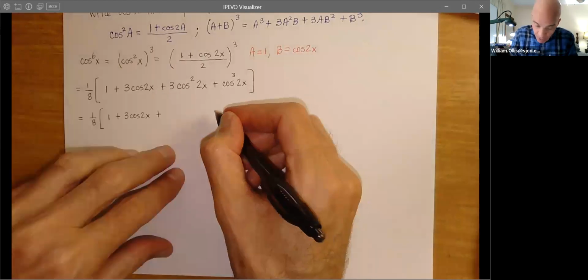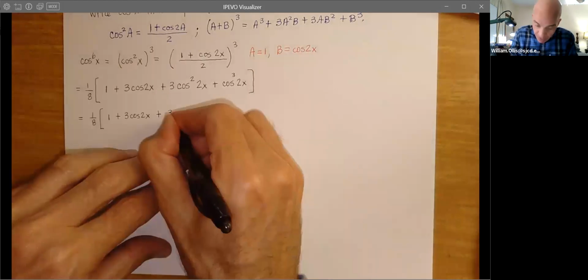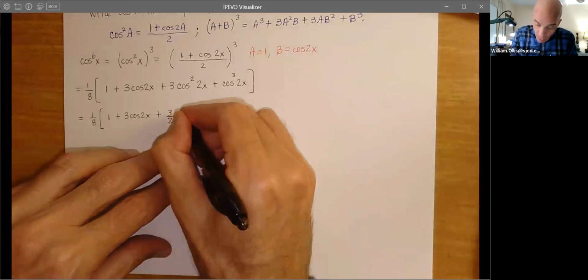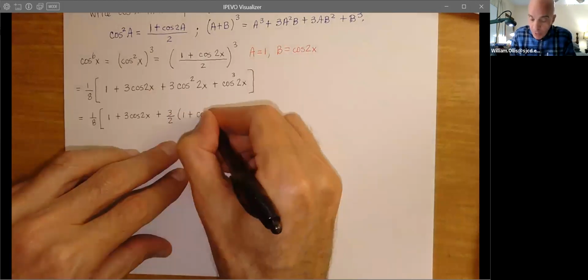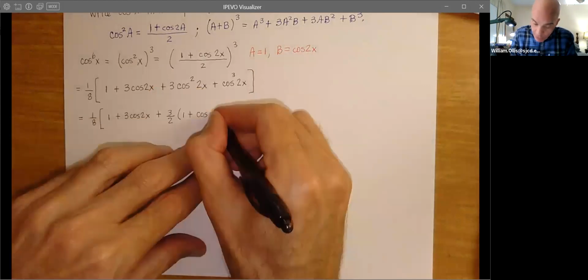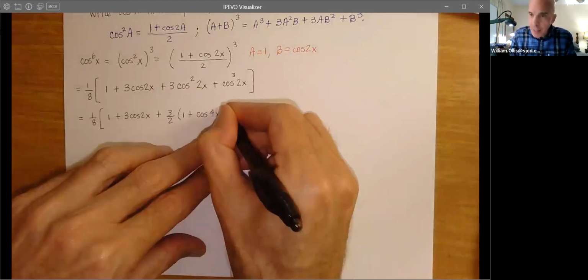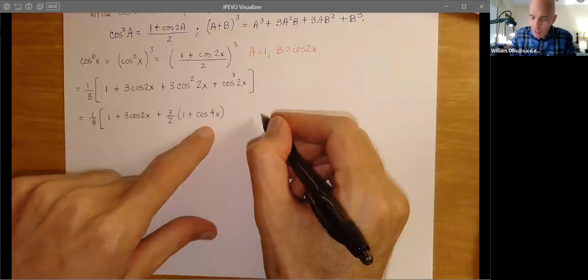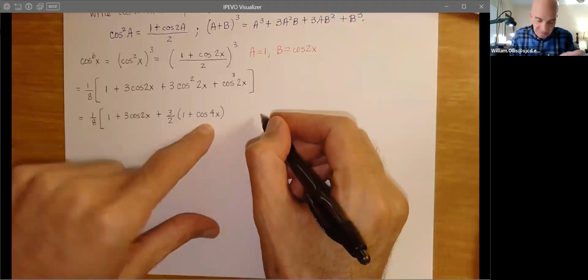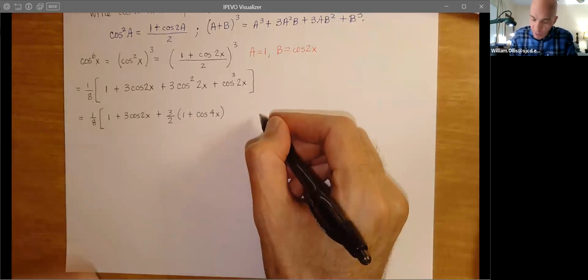So that'll give us a 3/2. Just pull it to the left there, and that gives us 1 plus cosine, now we double the argument and we get 4x. These identities are easy, but you have to respect them. It's like respecting the arithmetic of the unit circle. If you don't respect it, the problems don't work out very well.